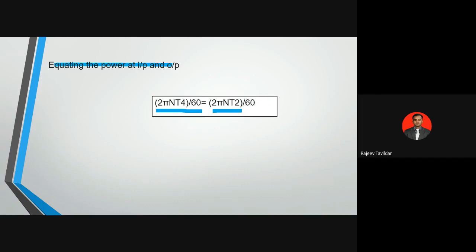Here I'll just replace this 2 pi n upon 60 by omega, like this. So T4 will remain as it is on the LHS, and 2 pi n upon 60 will become omega 4.